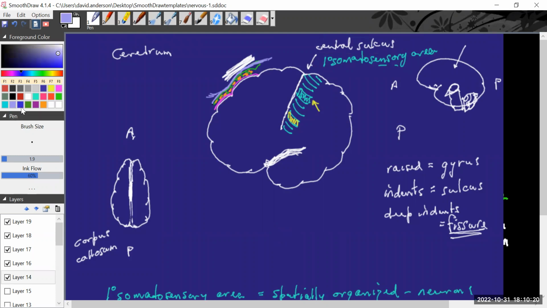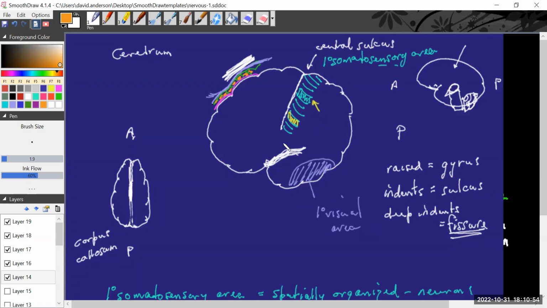So, for example, in the occipital lobe area, we have the primary visual area. So if you had to take a wild guess, what sensation is the primary visual area going to be receiving? Sight. Yeah, sight, vision, light, dark, colors.